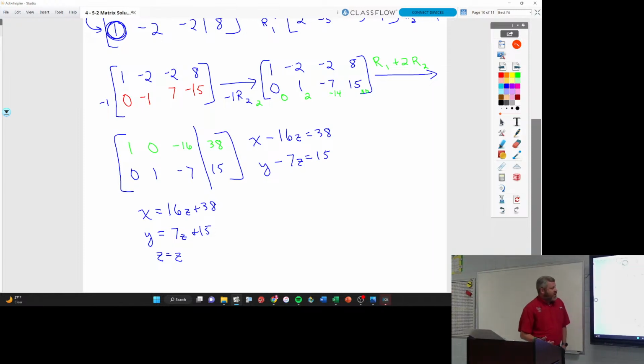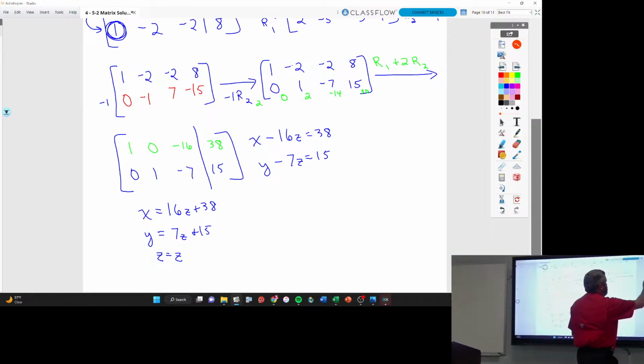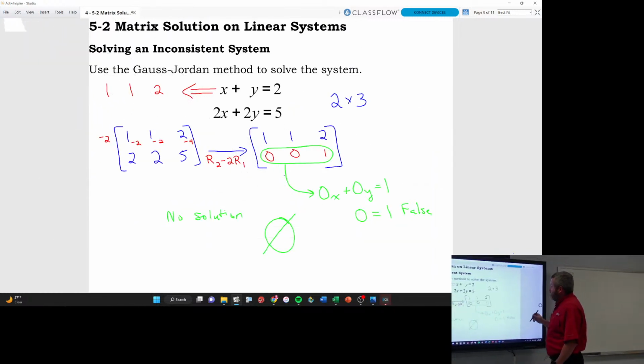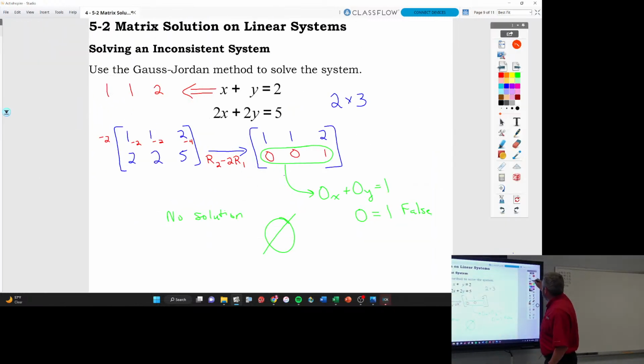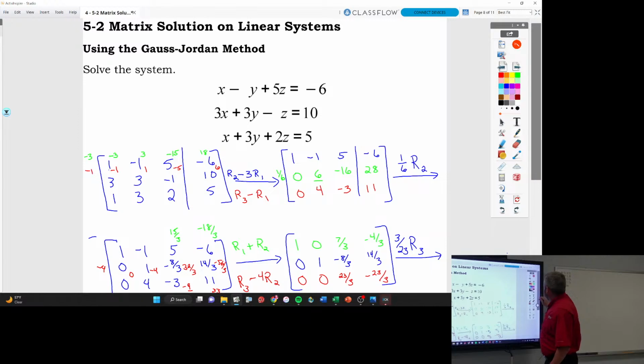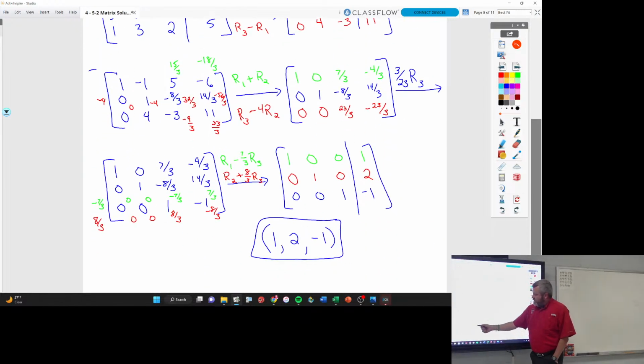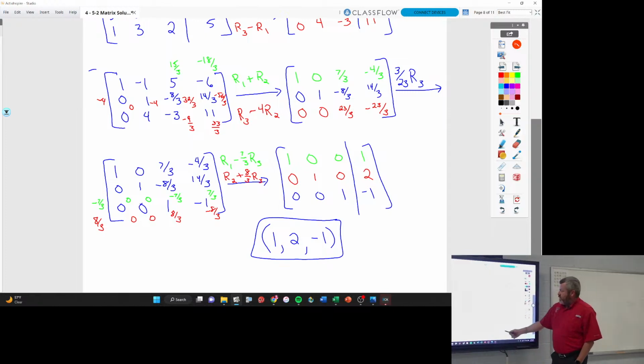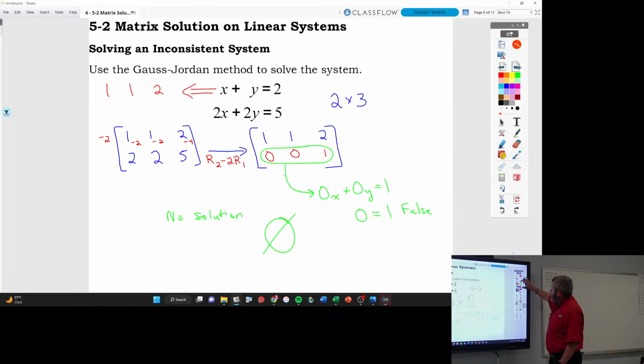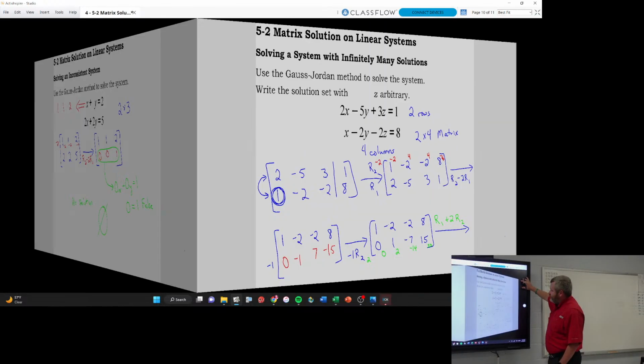That's what that's saying. So we have to write this answer as an ordered triple, just like we did on the previous problem. So let me go back real quick. On the previous problem, this was no solution. One more, back one more. So on this system here, we found x to be 1, y to be 2, and z to be -1. So we wrote that as an ordered triple. And we're going to do the exact same thing with this arbitrary system.